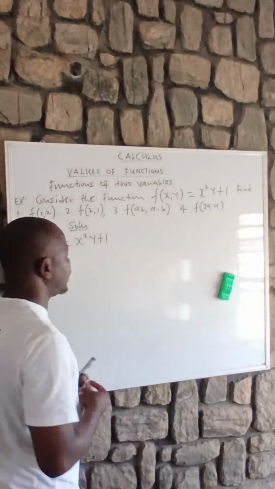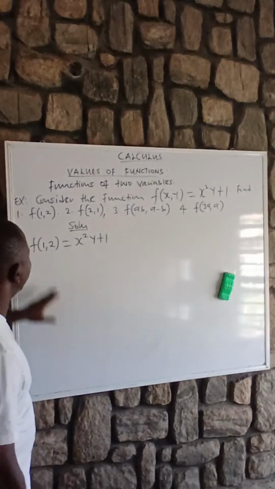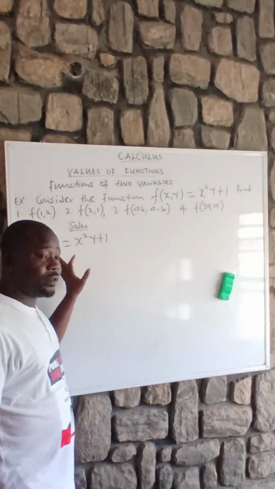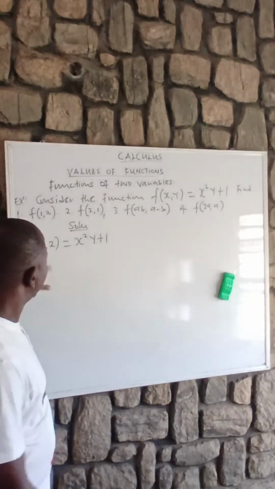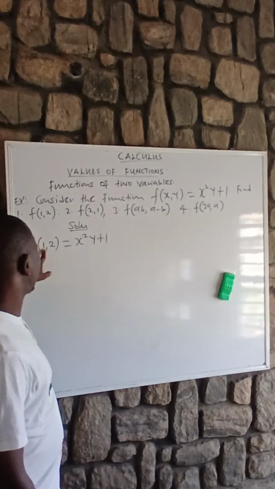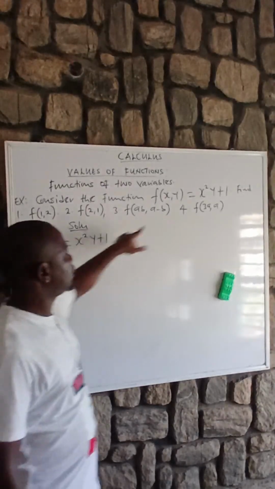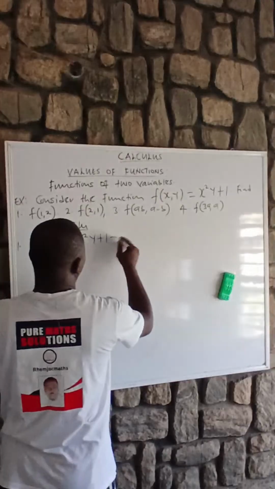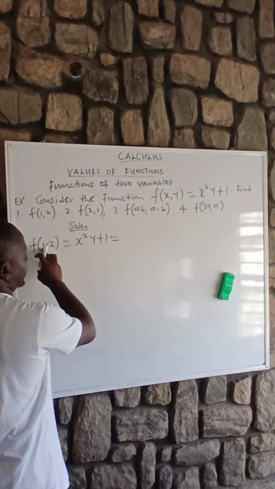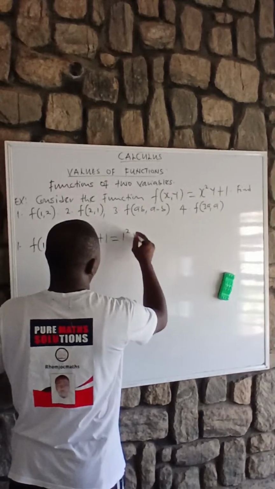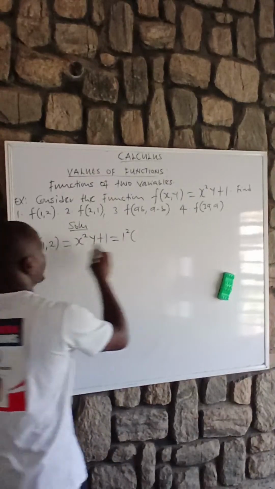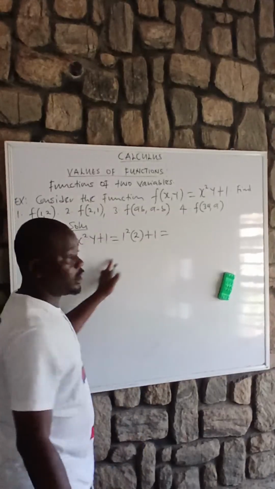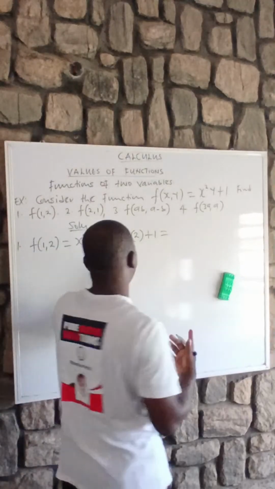True or false? Okay, so now what we need to do here is, the way we substituted for the one variable, the same way. It means this is your x, this is your y. So what is x? x here is 1, so 1 squared, open bracket, y here is 2, plus 1. One raised to any power is 1.